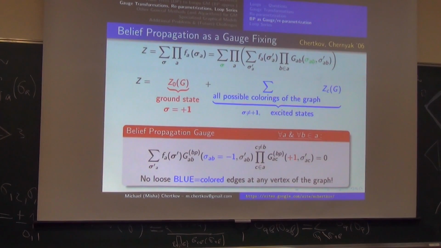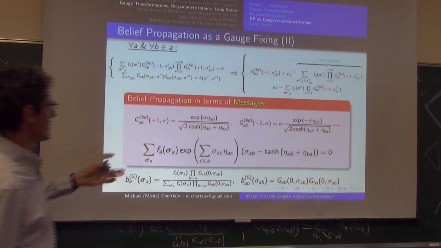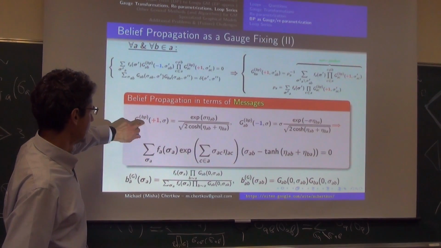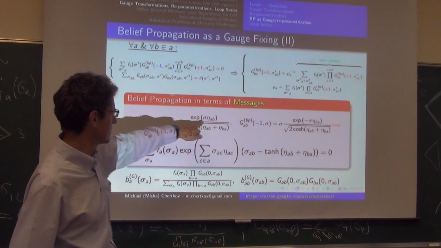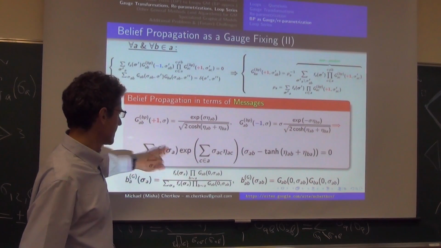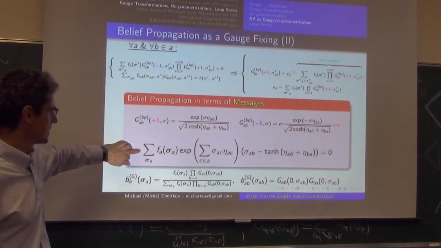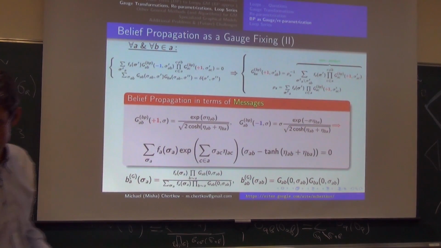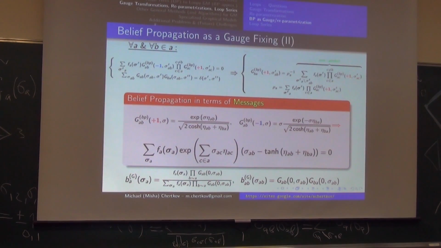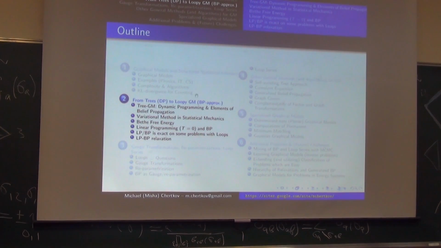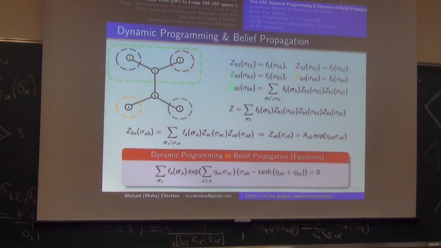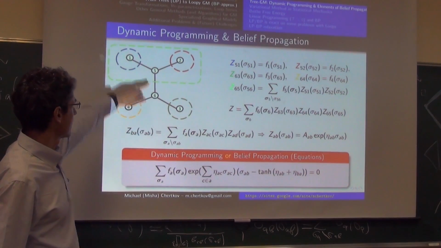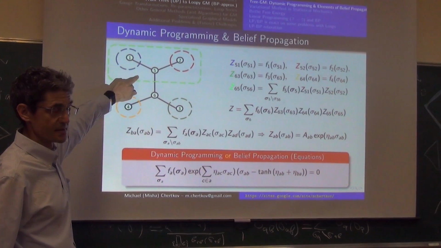And when I massage it a little bit further, in particular for a binary alphabet, choosing this type of reparametrization for elements of the matrix, I'm getting equations which are basically absolutely equivalent to the equations which we got in the second lecture when we discussed a tree, right?